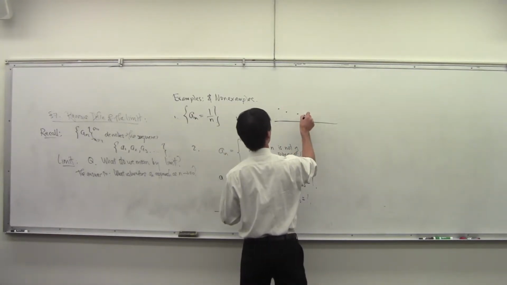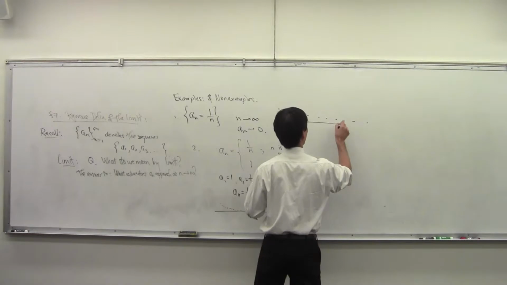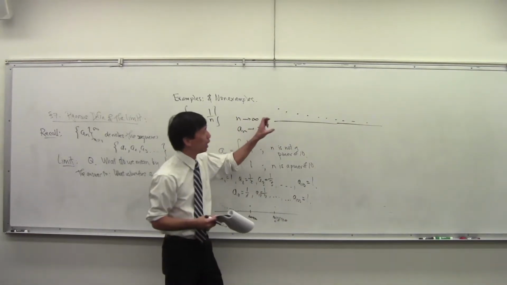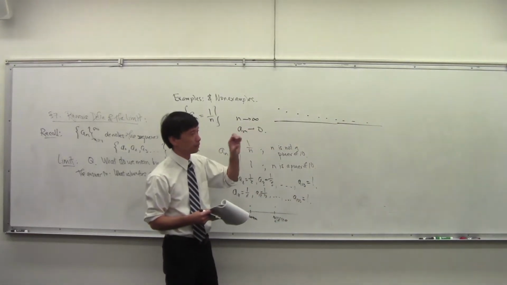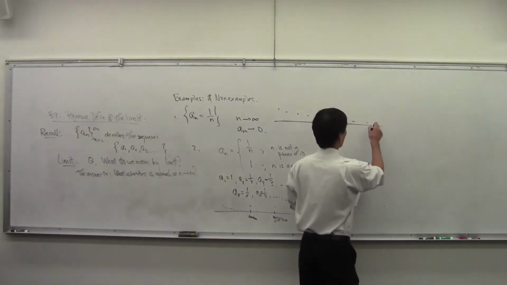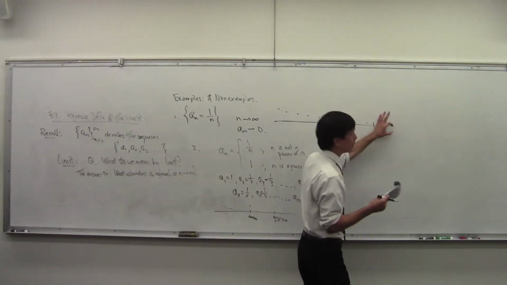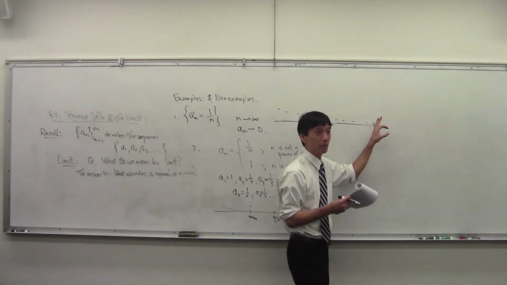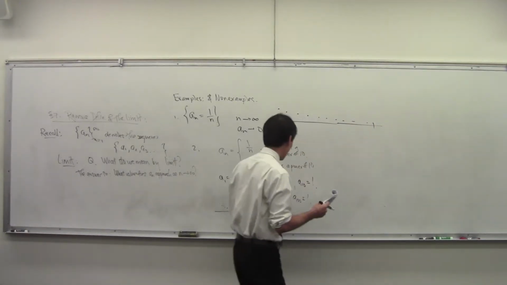You have to be able to say that if I want these guys to be this close, then I can find some time past which everybody's that close. I have to be able to find that time. Here I can't do it, right?